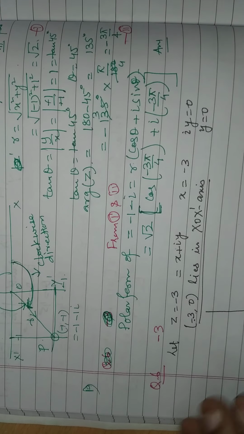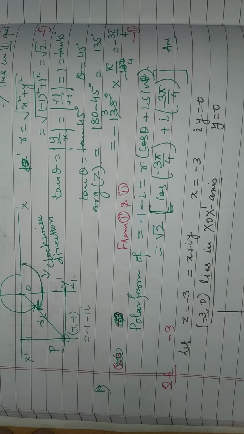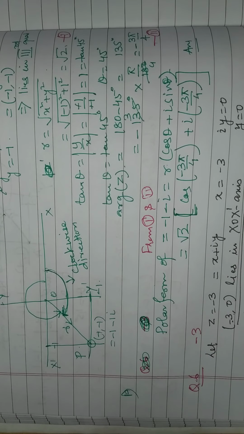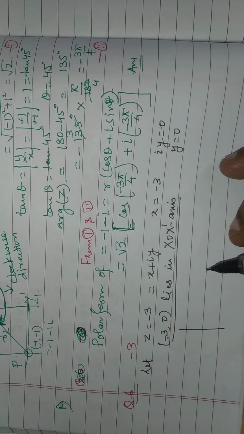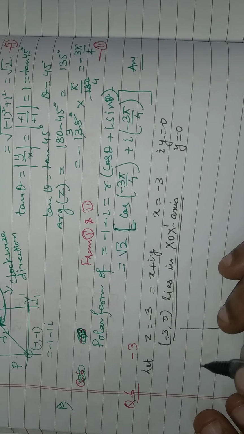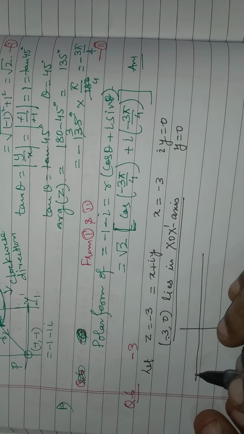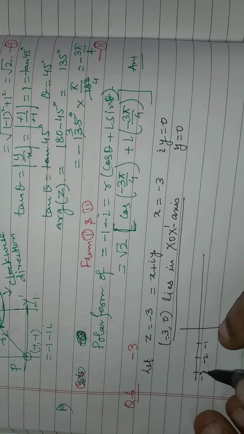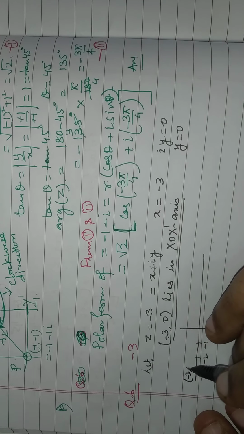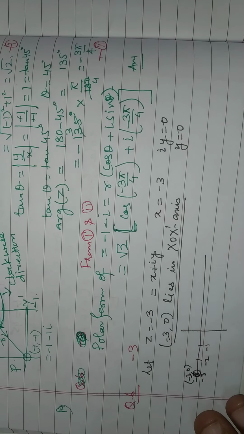See, just a minute. So now see, suppose this is minus 1, minus 2, and then minus 3. So minus 3 comma 0. So this is the complex number. Okay.